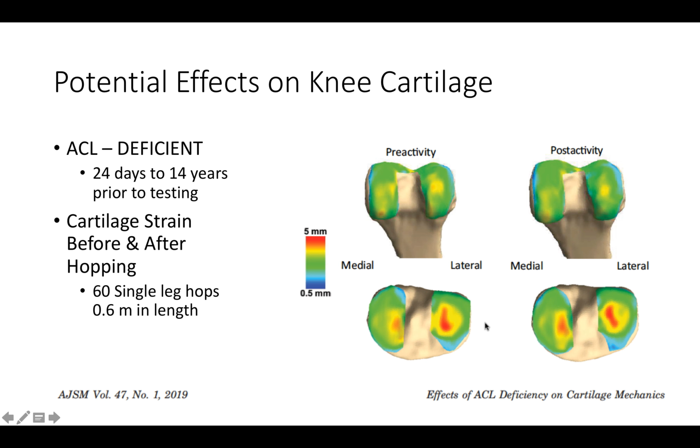They used this data to show that there were particular areas in patients with ACL deficient knees that had different strain in the cartilage, i.e. thinner cartilage after their activity as compared to controls. This is one of the first measurements that really helps us understand how cartilage might be behaving differently prior to getting knee OA.